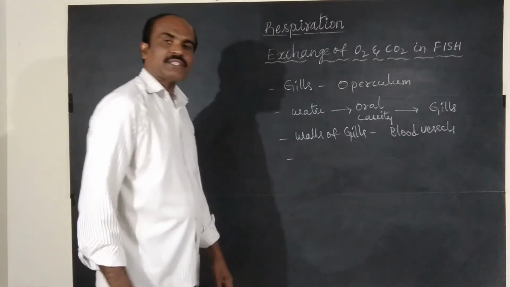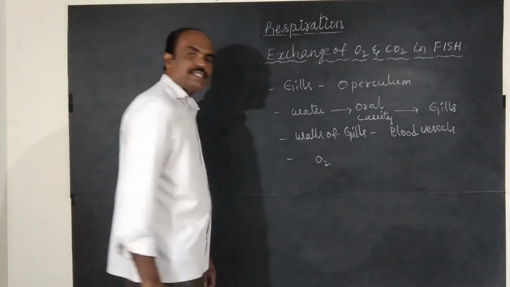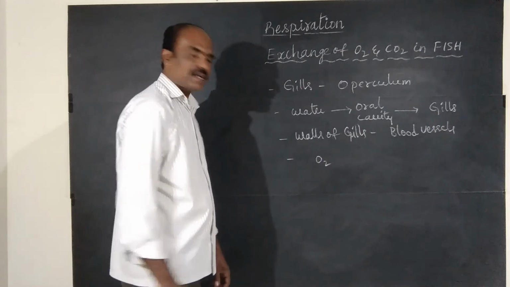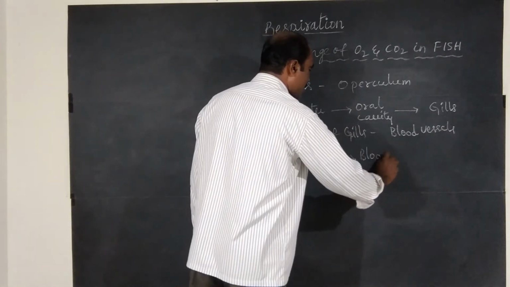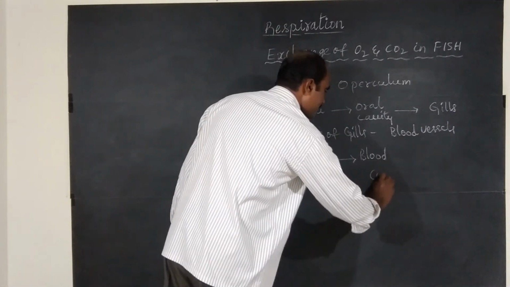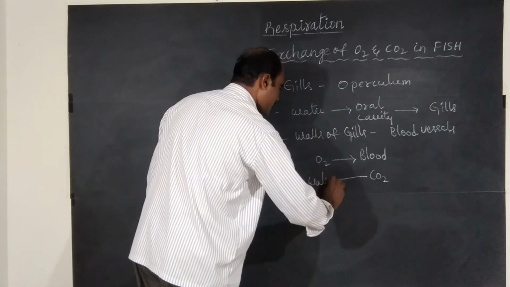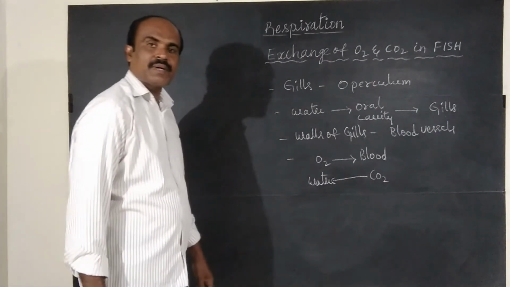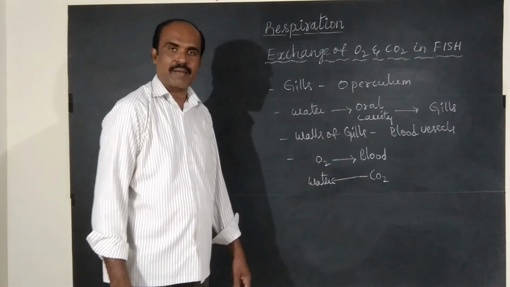When water passes over gills, whatever oxygen that is present in dissolved form in water is taken up by blood, and whatever carbon dioxide is there in blood, it comes into water. So this is how exchange of oxygen and carbon dioxide happens.